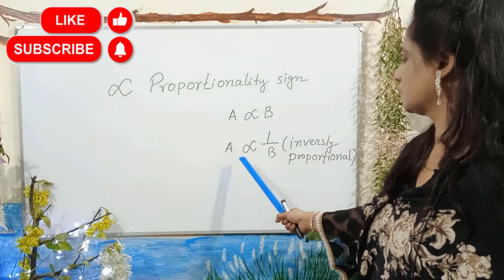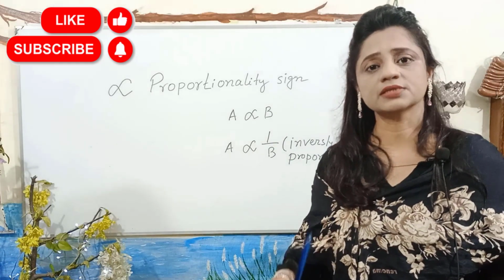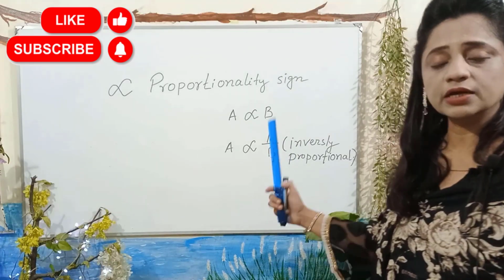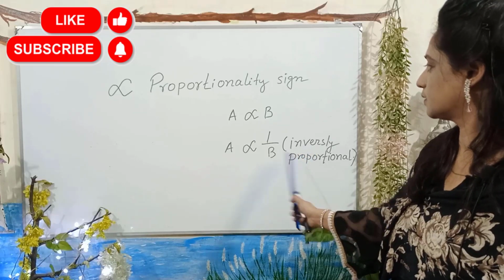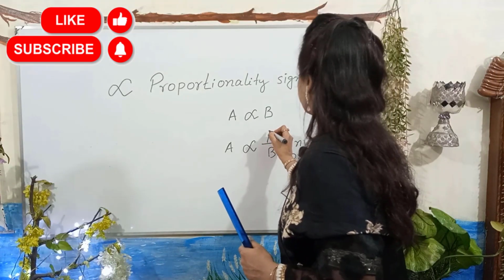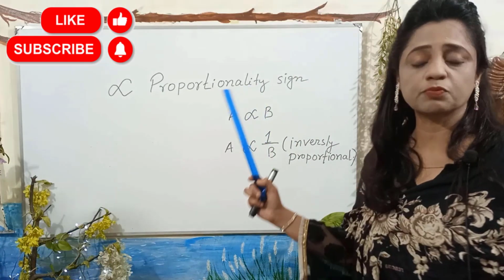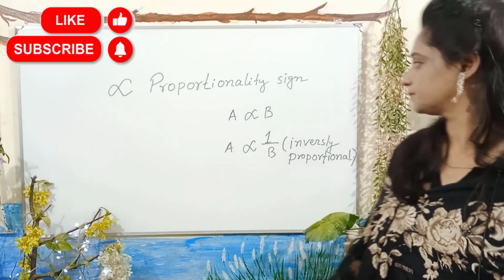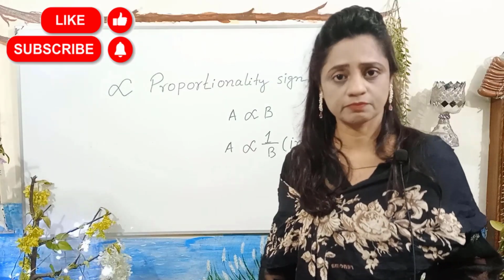If A is proportional to 1 by B, inversely means A increases with the decrease of B, or B decreases with the increase of A. That is A proportional to 1 by B. One is proportional and the other is inversely proportional.